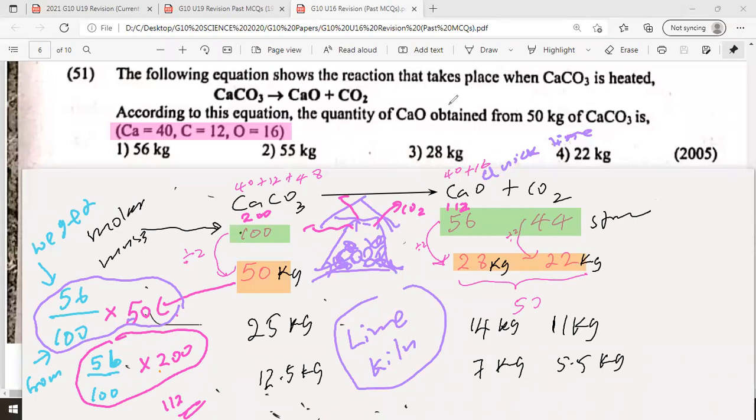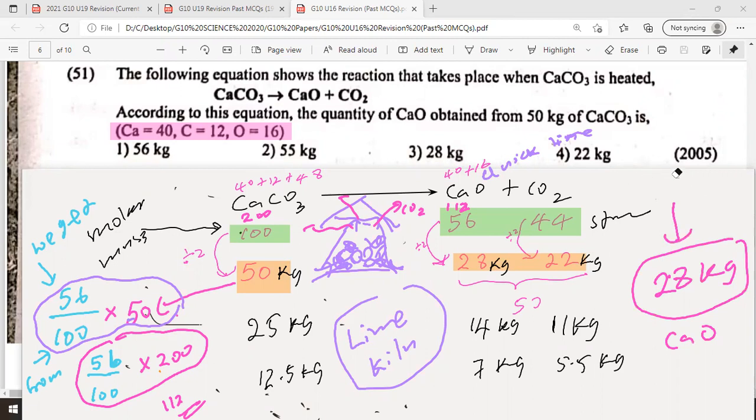Now, remember, this is a traditional industry in Sri Lanka. Now, if you are the owner of this industry and the next day the customer is asking, I need a 28 kilo packet of quicklime tomorrow. So if you are the owner of this business, you can go and check whether you have enough raw material to supply this demand, right?